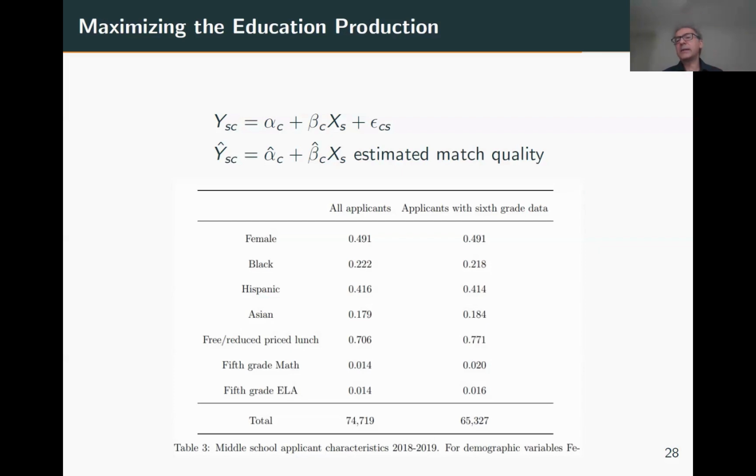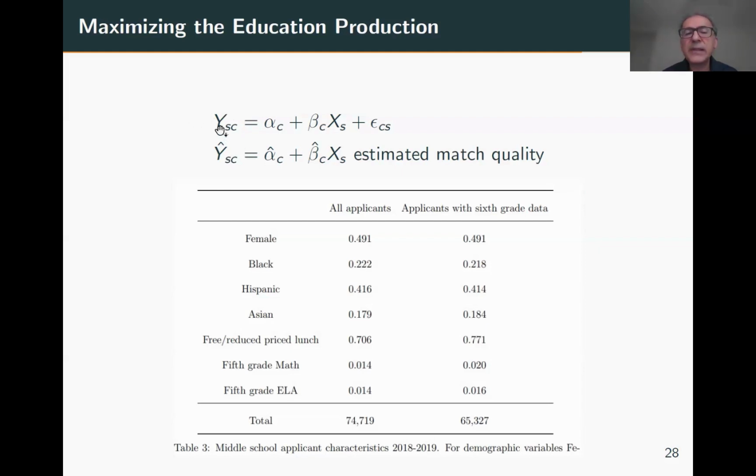There are many models, value-added models, that try to estimate this. The purpose of this paper is not to dive into this big value-added models literature. Instead, we use a very simple model here that's very common in the literature. This is the educational outcome we are interested in.